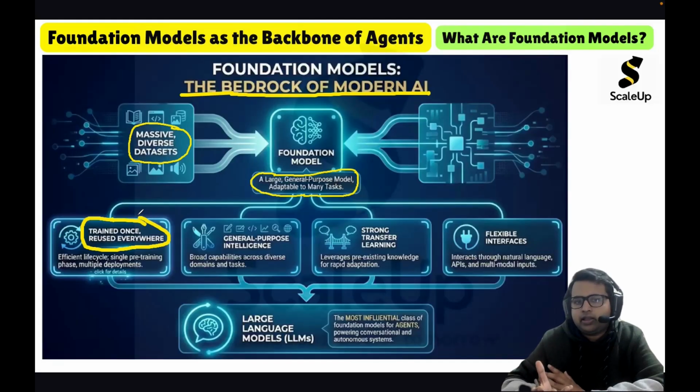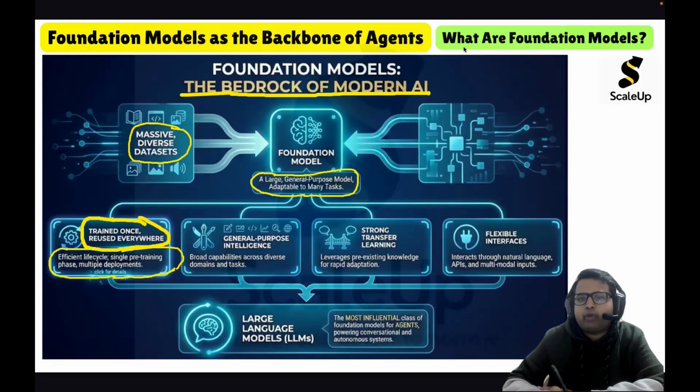Gemini, GPT-4, and the ChatGPT you use are foundation models. You use them for so many different tasks. They have an efficient life cycle: a single pre-training is needed, and once the foundation model is trained, we can think about multiple deployments.